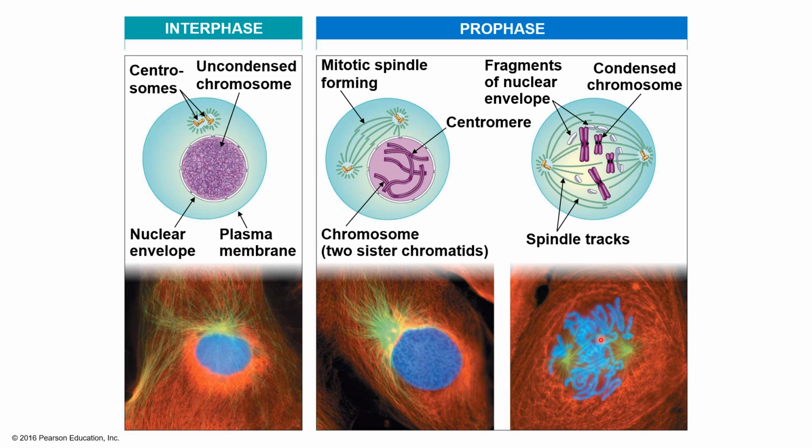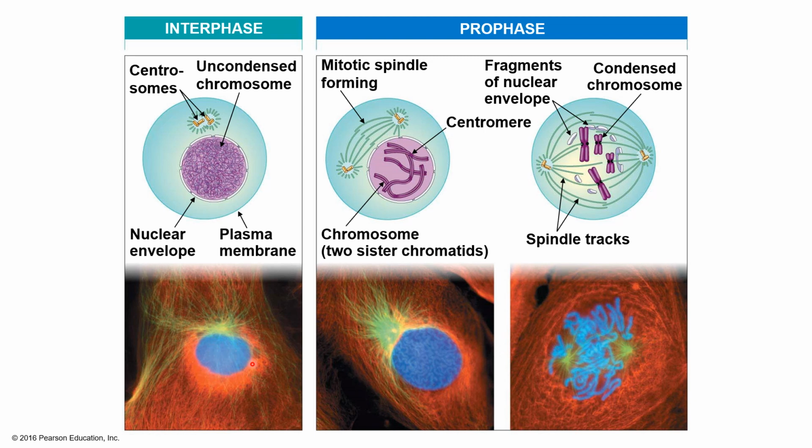So the prophase stage, when you're looking at it under the microscope, how can you tell that you're looking at a prophase stage and not interphase? Prophase, that's when your chromosomes have condensed into those chromosome-like shaped DNA, and so under the microscope you're definitely going to see those chromosomes.